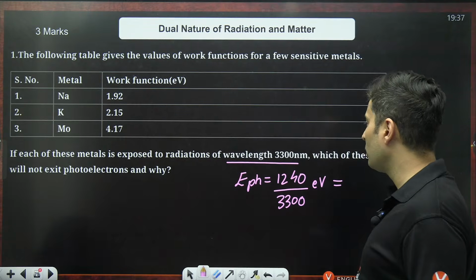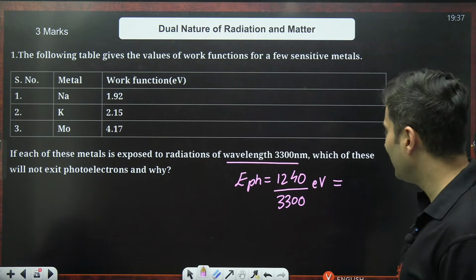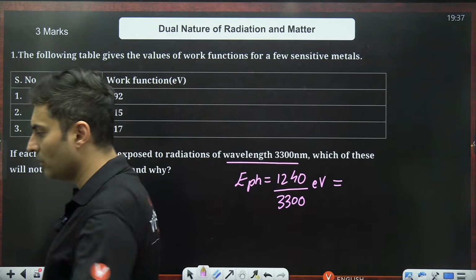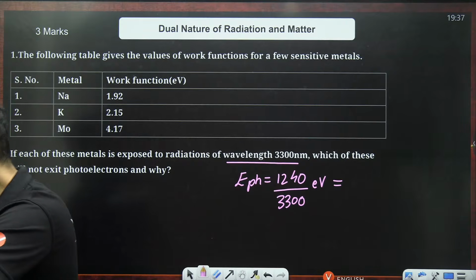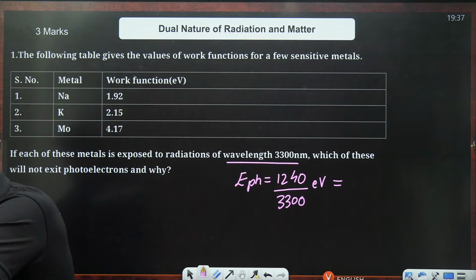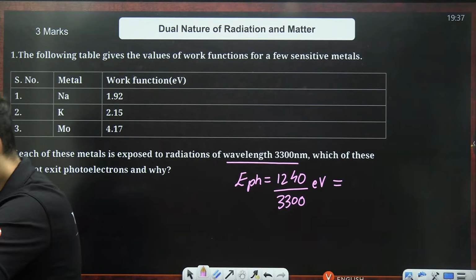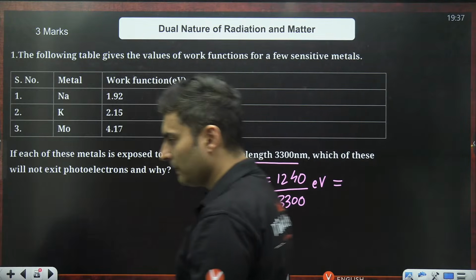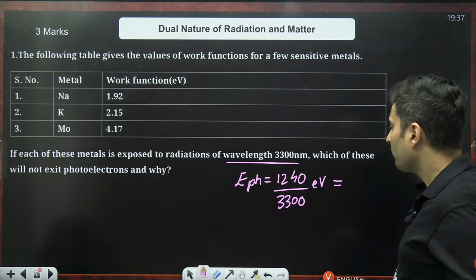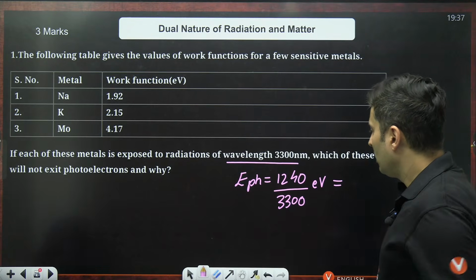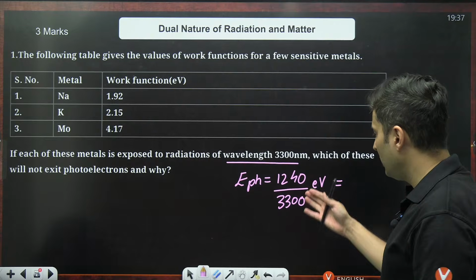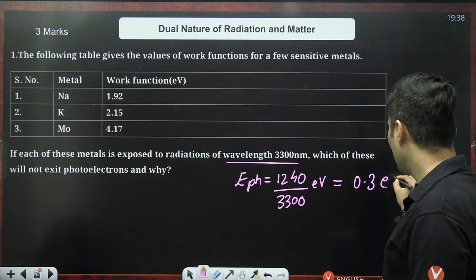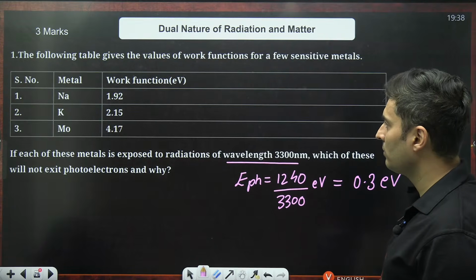How much is it coming out to be? 124 divided by 330. It's almost like 3 times of it, so close to 0.3 electron volt.